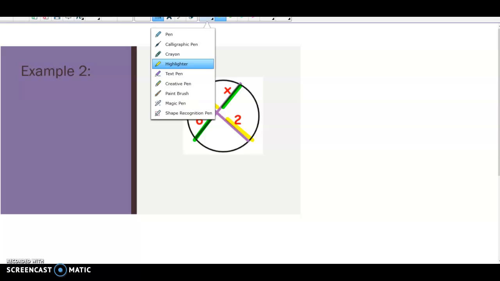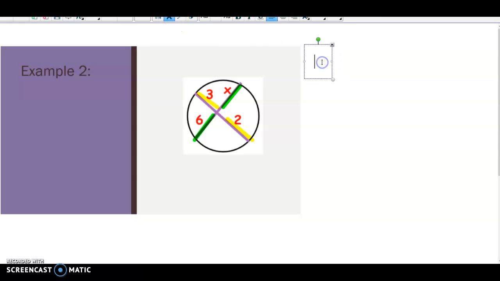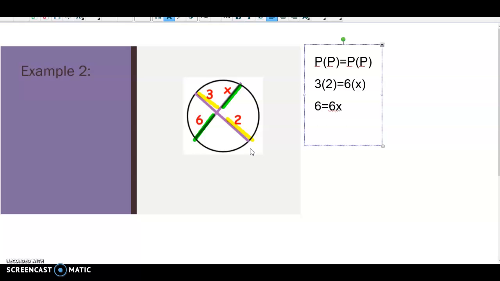So I can now just match them up. Again, I have part times part is equal to part times part. I look at the yellow and I can see that I have 3 times 2 is equal to 6 times x. So we have 6 is equal to 6x, therefore 1 is equal to x.